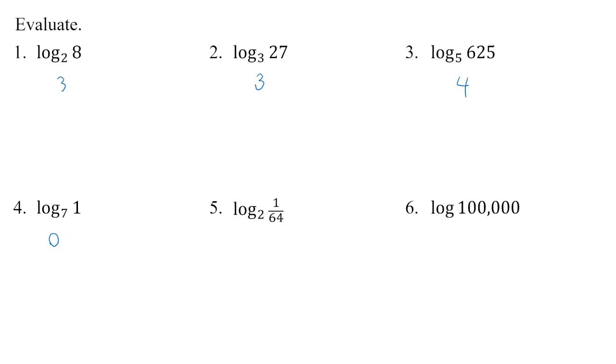It's under 1, that means your exponent is going to be negative. Since 2 to the 6th power is 64, 2 to the negative 6th power is 1 over 64. Therefore, log base 2 of 1 over 64 is negative 6.